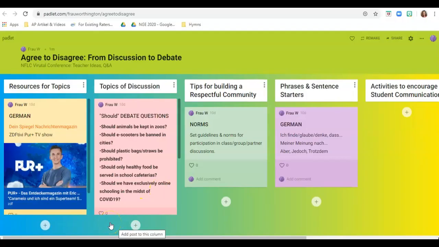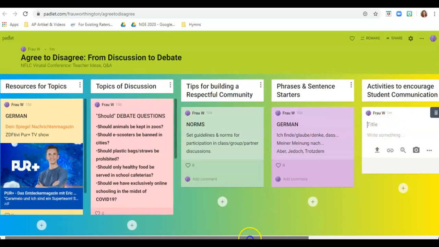Our group Padlet is a way for us to collaborate even though we might not be together in person. Here you'll find different sections of our presentation today, and I have already plugged in a few of my own tips from the presentation, but if you would like to add on, you simply click on the little plus and it will allow you to add a post to the column.